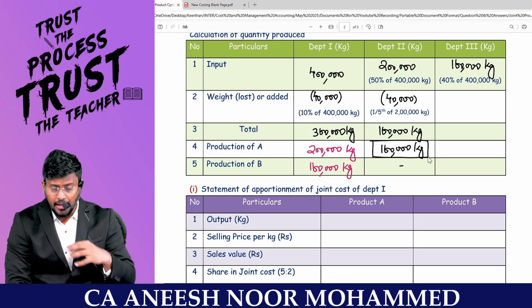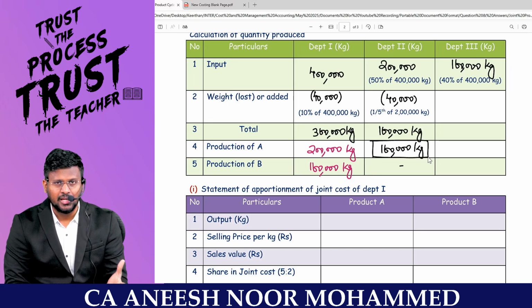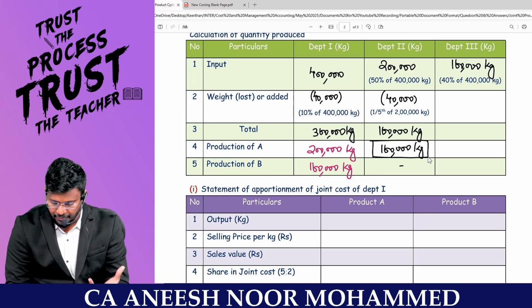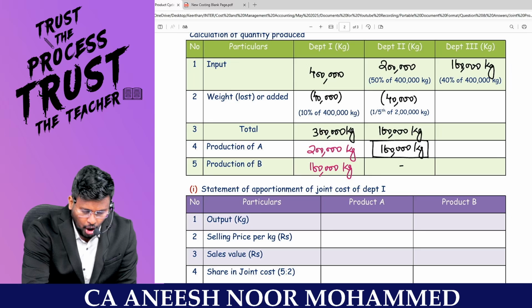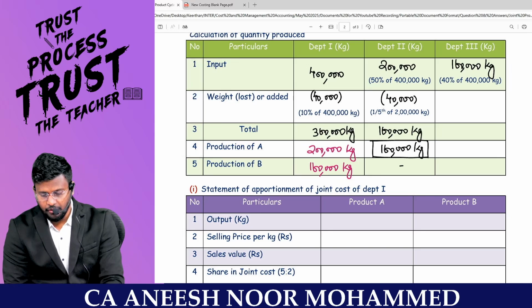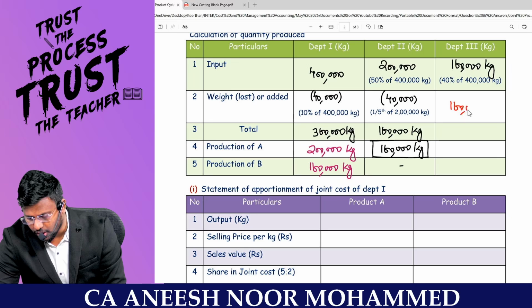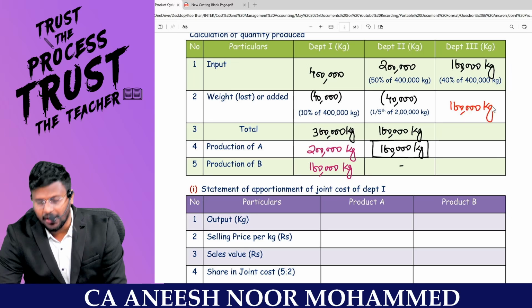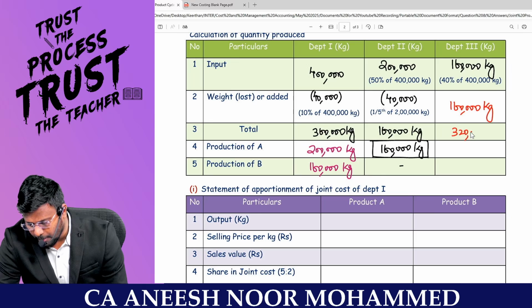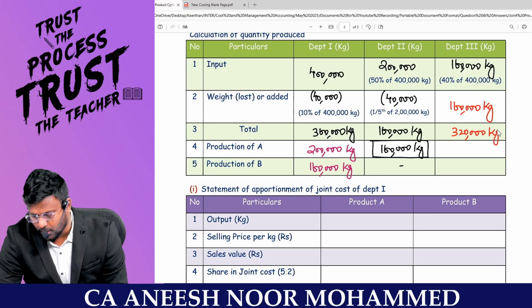Whereas in department number 3, it is not normal loss. It will be doubled. That means weight is added in department number 3, we will be having a gain, or the production will be doubled by 1,60,000 kg. So totally we will be having 3,20,000 kg.